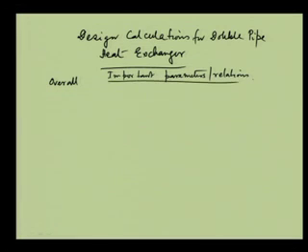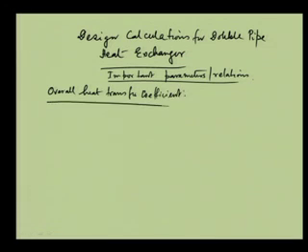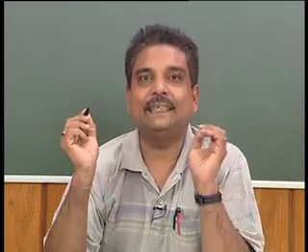Now, first, the overall heat transfer coefficient, which we have already discussed. Basically, the overall heat transfer coefficient is the heat transfer coefficient based on the total resistances that may lie in the heat exchanger.